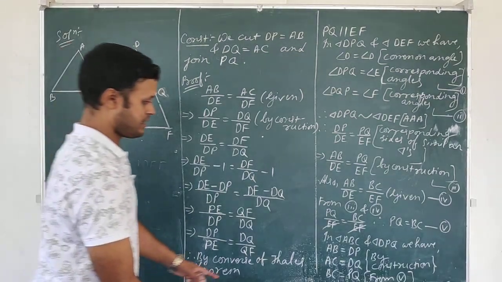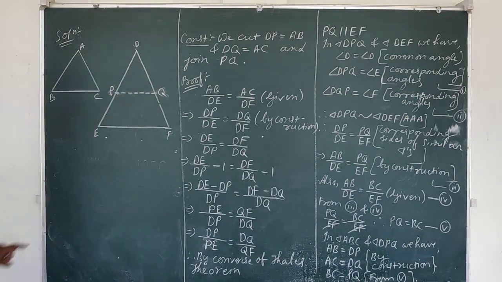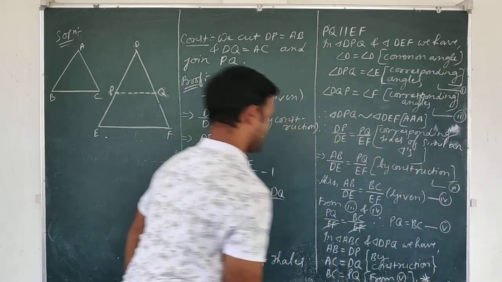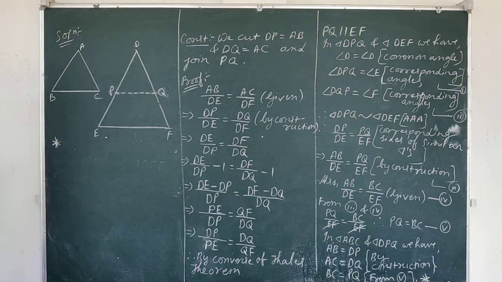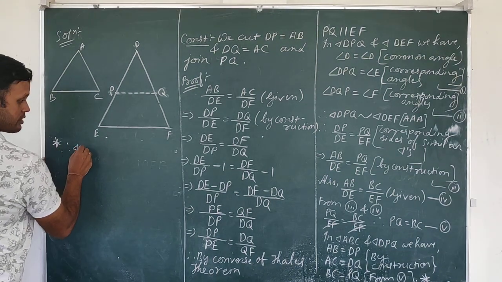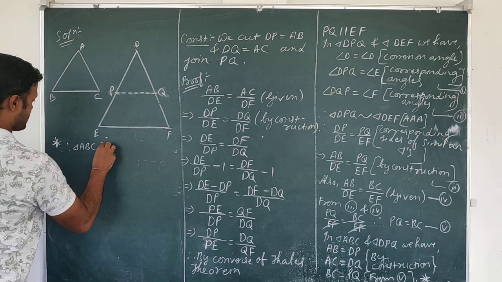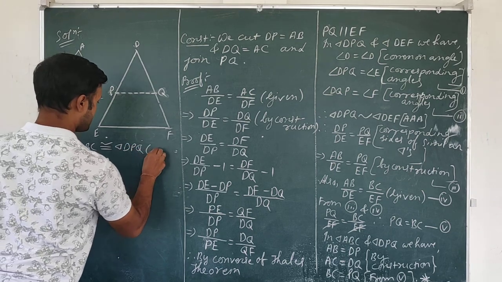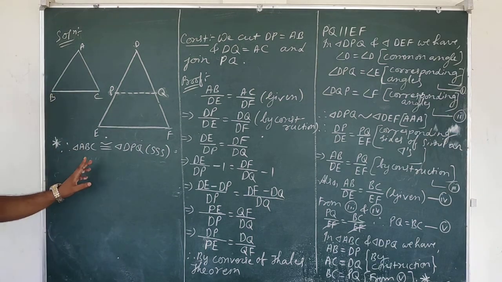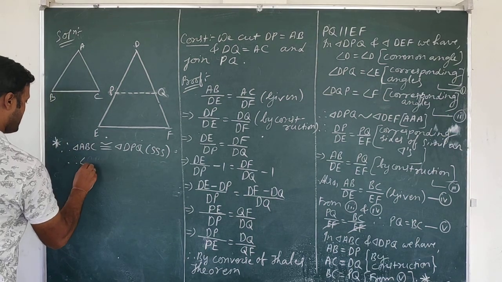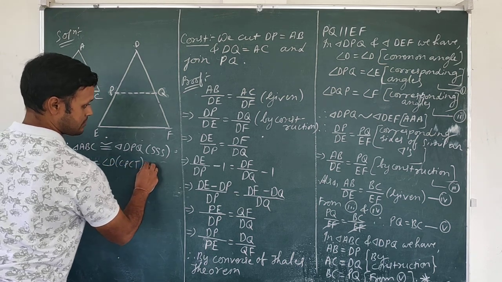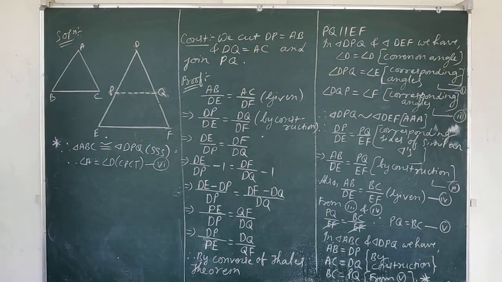Therefore, triangle ABC is congruent to triangle DPQ according to side. This is congruent, not similar. Therefore, angle A is equal to angle D, CPCT. Mark number 6.